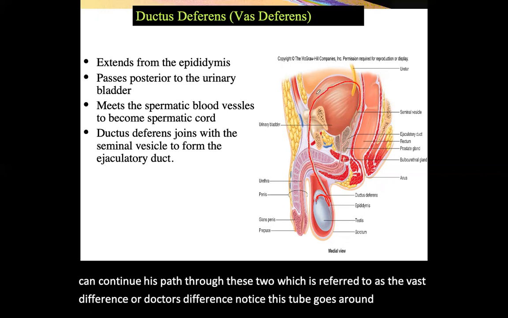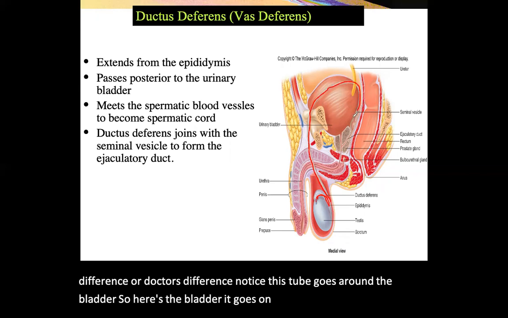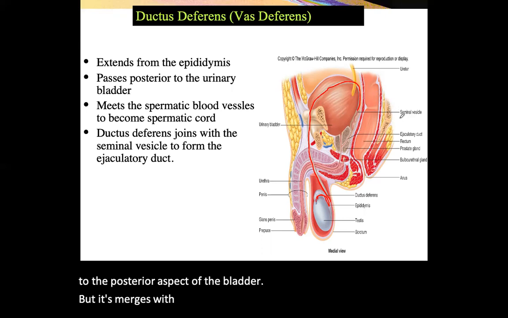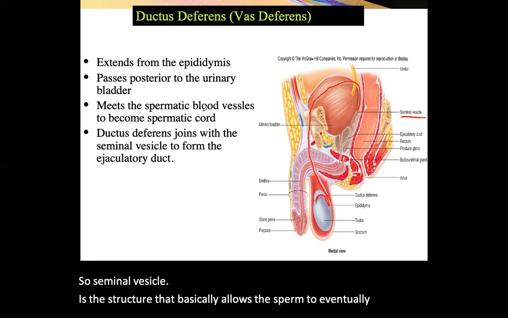So here's the bladder. It goes on top of the bladder and comes to the posterior aspect of the bladder, where it merges with the first of the three accessory glands called the seminal vesicle. So the seminal vesicle is the structure that basically allows the sperm to eventually transfer out of the body.